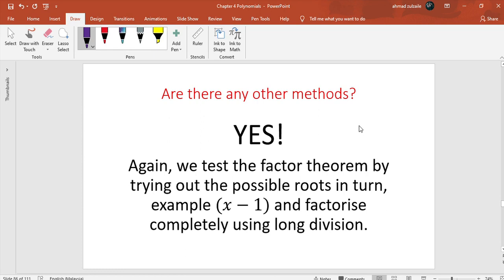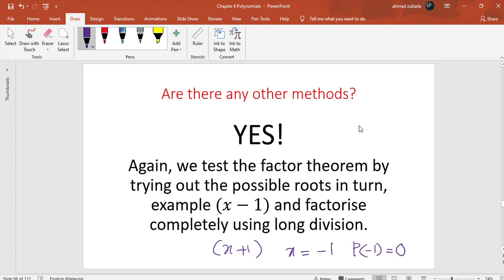If you substitute 1 into your polynomial, you don't have a 0 remainder, so you have to try another number, let's say x plus 1. You substitute x equal to -1 and check whether your polynomial gives you a 0 remainder. So you can determine that x plus 1 is one of the factors of your polynomial.